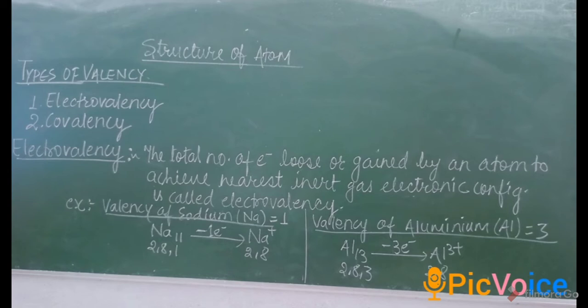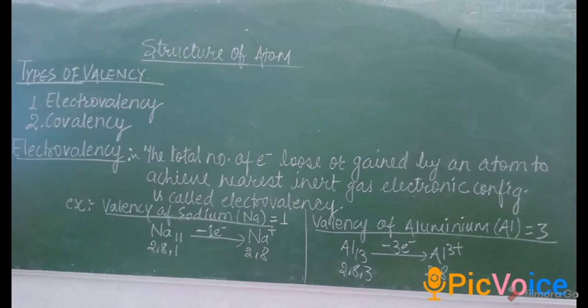Next example is the valency of aluminium, which is equal to 3. Here the atomic number of aluminium is 13, so its electronic configuration is 2, 8, 3. So in the outermost shell of aluminium there are 3 electrons.